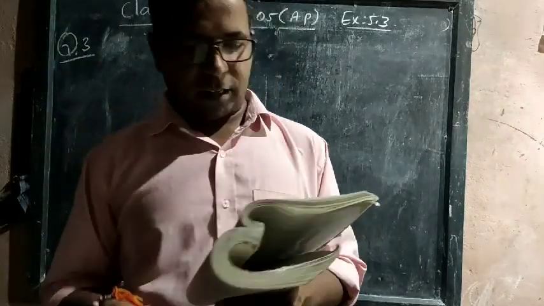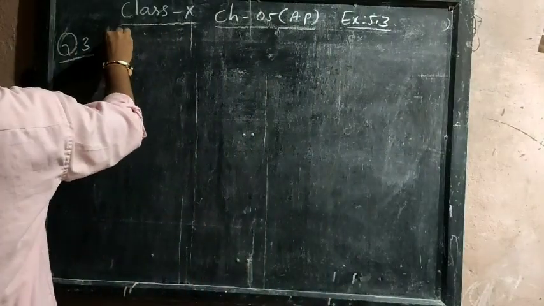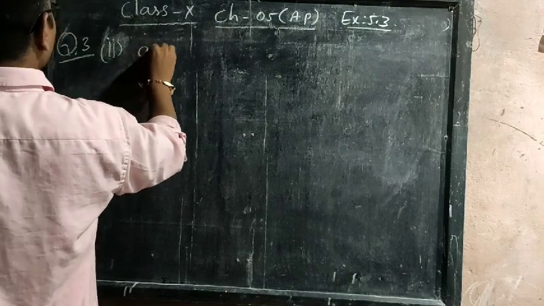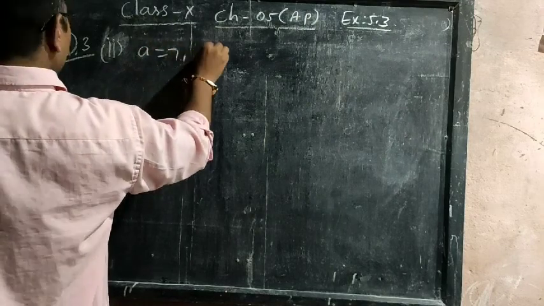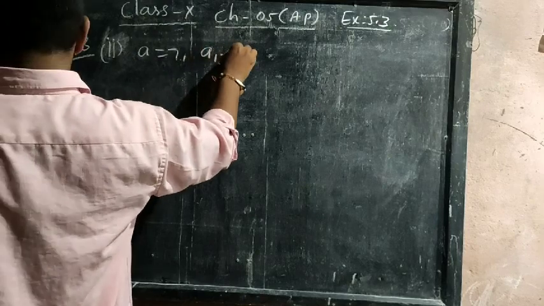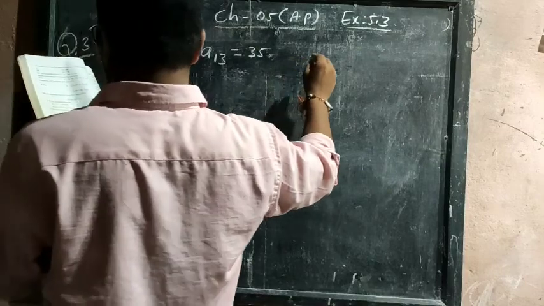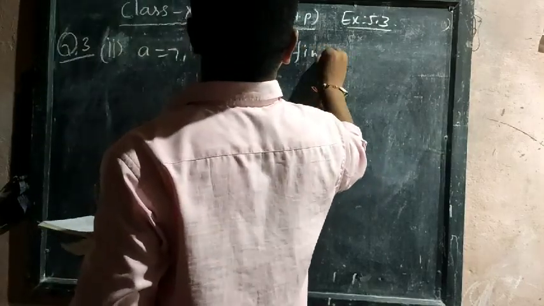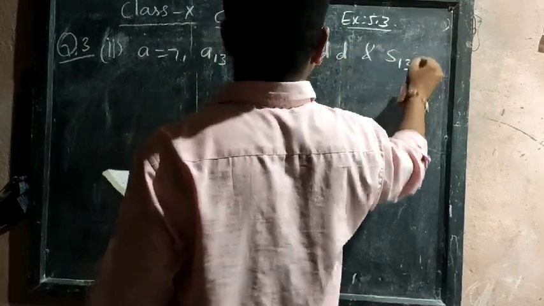So let's start with question number 3, second part. A is equal to 7, it is given here. A13 is equal to 35, this much is given, and find D and S13. The question is telling us to find D and S13.